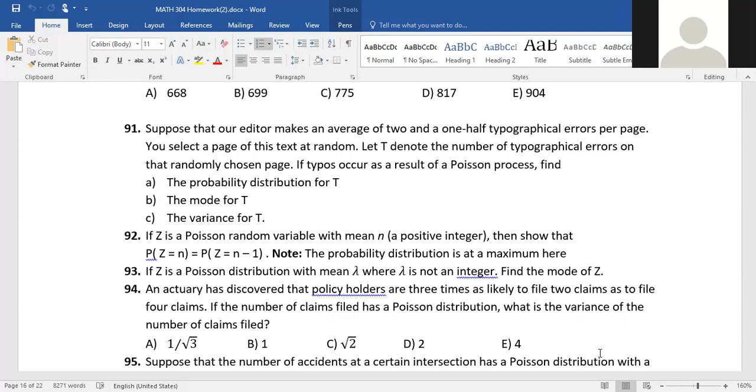So solve the equation. So P of X equals 2 equals 3 times P of X equals 4. What is lambda? You solve for lambda.